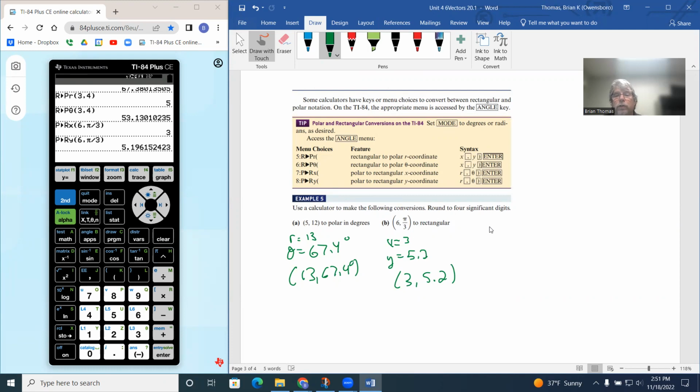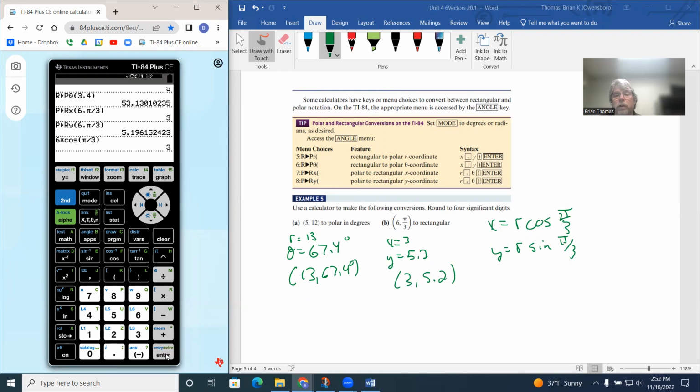So again, if I was doing this by hand, we would say our x value is going to be 6 times the cosine of pi over 3, and our y value is going to be 6 times the sine of pi over 3. So if I use that, we double check it that way. If we type in 6 times cosine of pi over 3, that does give me 3.